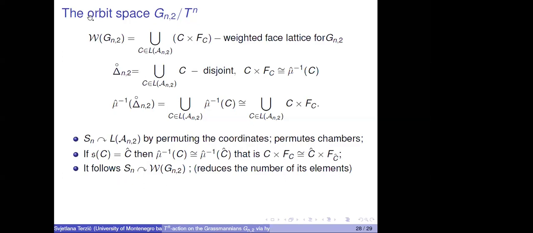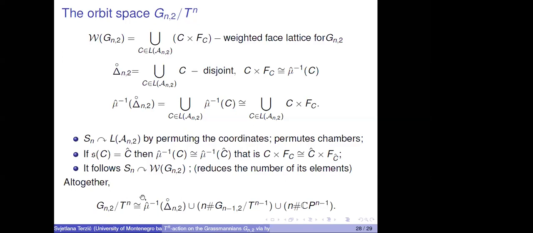So the group S_n acts on this weighted lattice, which significantly reduces the number of these factors in this lattice. Altogether, when we consider the orbit space, it is the pre-image of the interior, union n copies of this orbit space, CP^{n-1}.